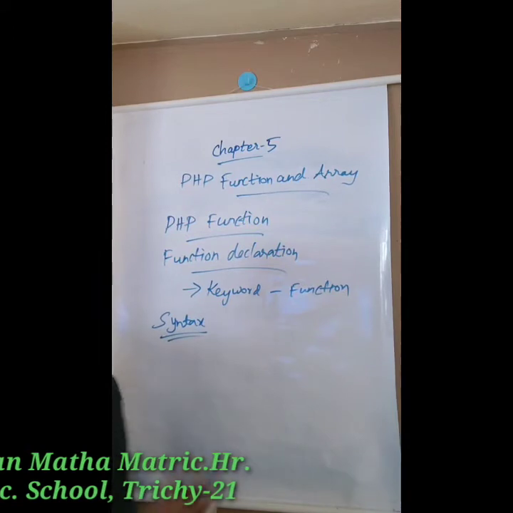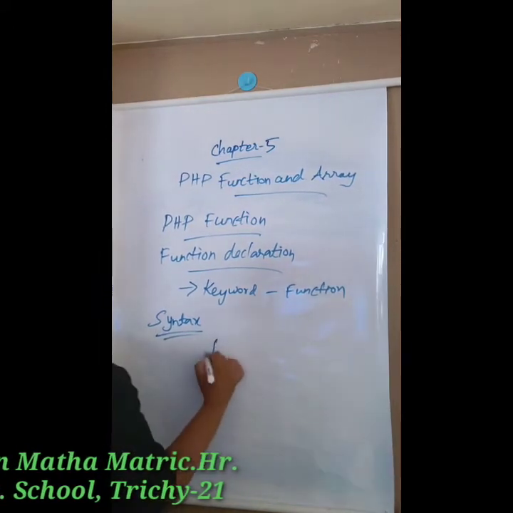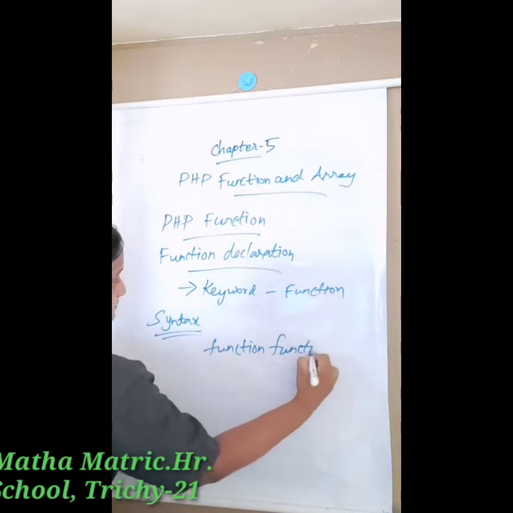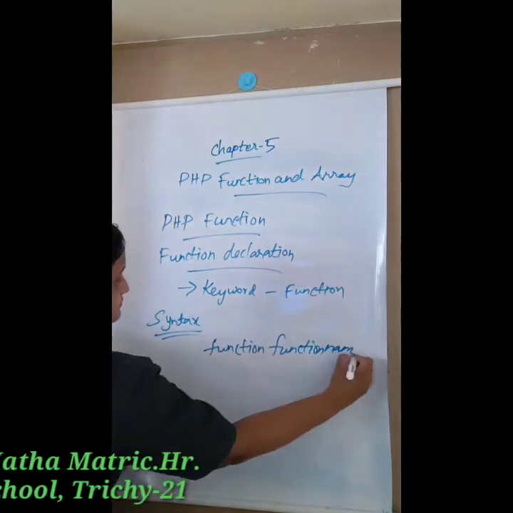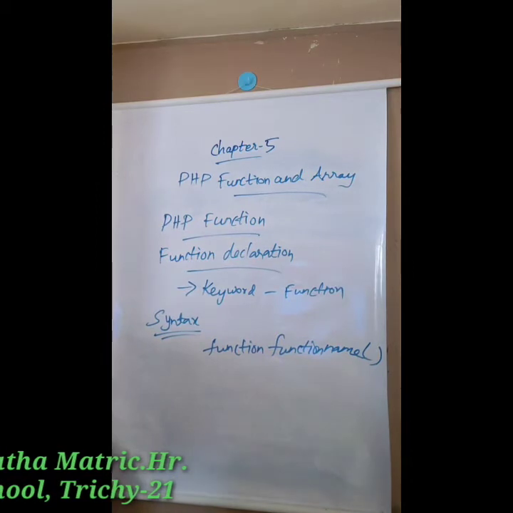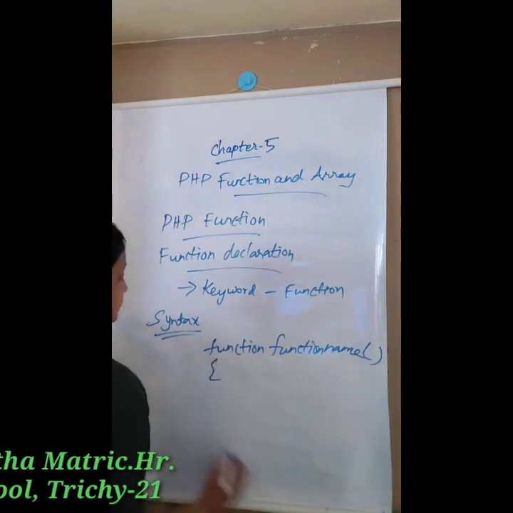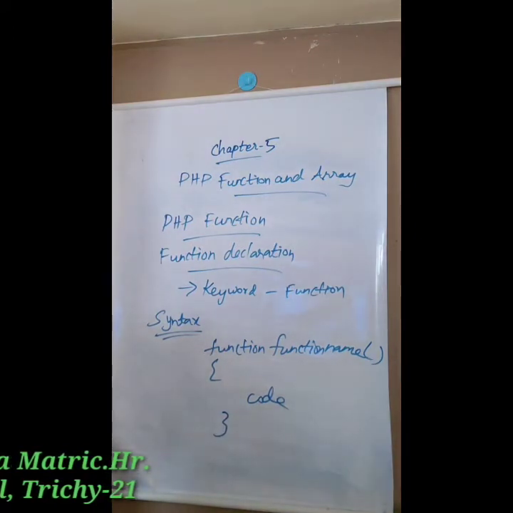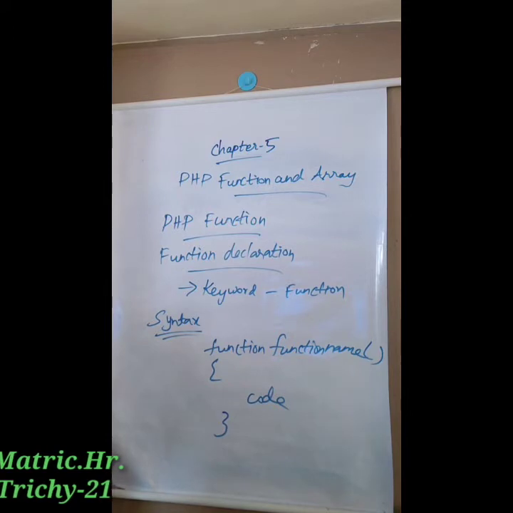The syntax is the keyword function, the function name, open and close brackets, and then inside the curly braces we write the code that is used to execute the program.